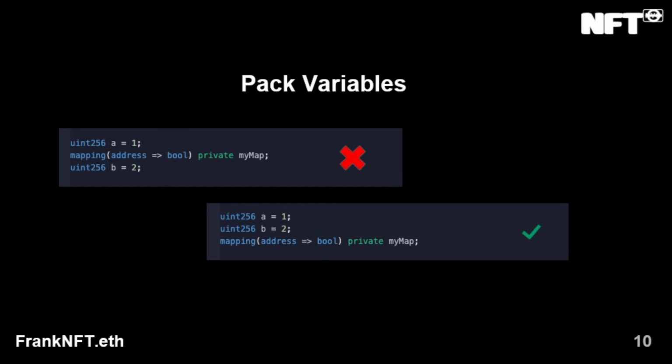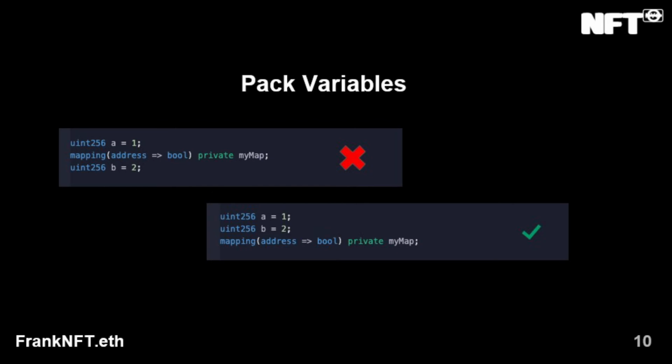Pack variables. Once again, this is not really for your user, but how does Solidity store variables on-chain? It creates a sort of block, each time that it has a new type. Here I'm mixing uints and a mapping. Each time you make a new type, it will create a new block.